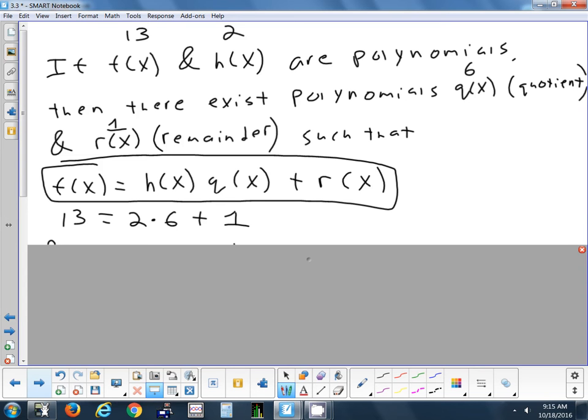Take your divisor, multiply by your quotient, and add your remainder. If you did it correctly, that should equal the original dividend. If you did it wrong and you get the wrong quotient and the wrong remainder, the left and right won't equal each other. So it's just giving you a way you can check your answer. I think it's easier to check it on the calculator, but this method would work as well.